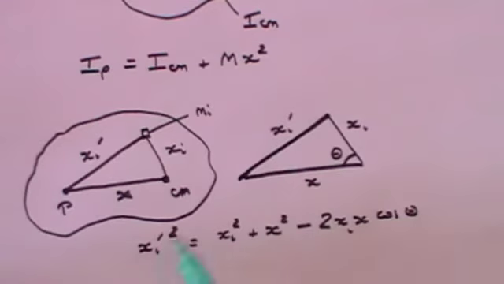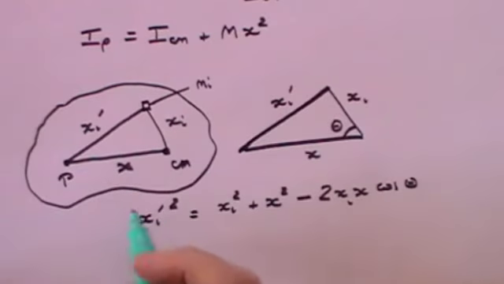Just to repeat, xi prime squared is equal to xi squared plus x squared minus 2 xi x cosine theta. That's known as the law of cosines.